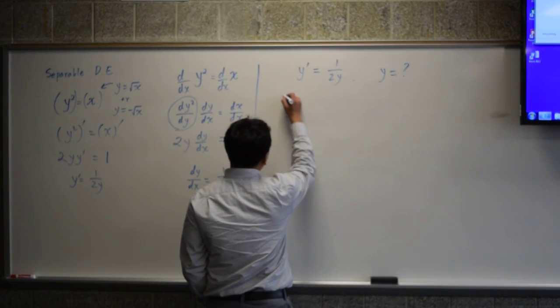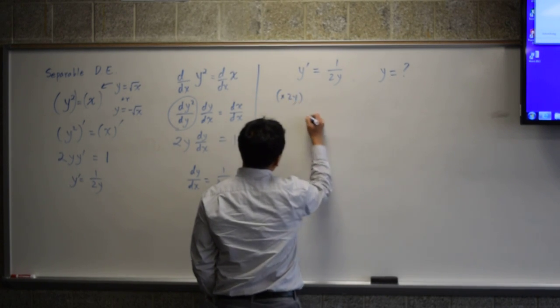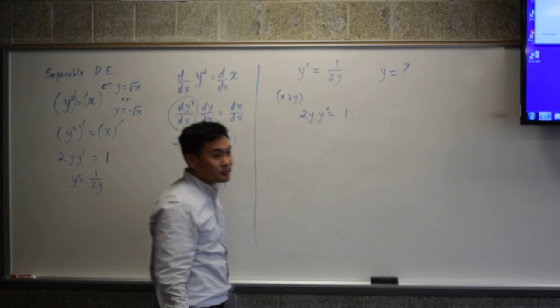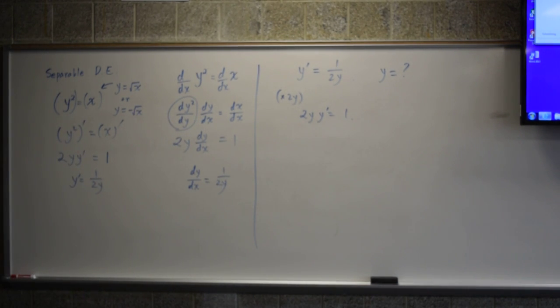Yes, I should multiply by 2y, which gives you 2y y prime equals 1. And then I need to go from here to here, y squared equals x. So what should we do in the next step?